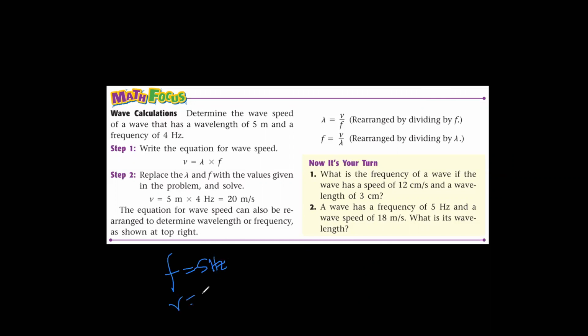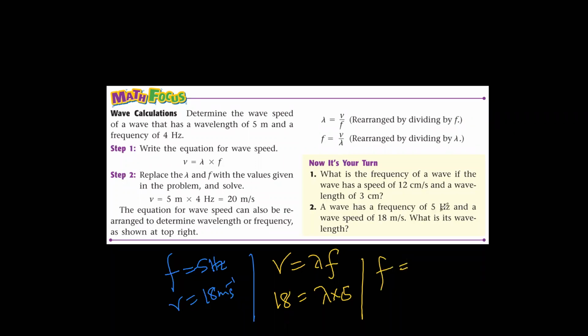So we write the formula velocity equals lambda f. The wave speed is 18 meters per second, and so 18 equals lambda times 5, which gives us our F here.